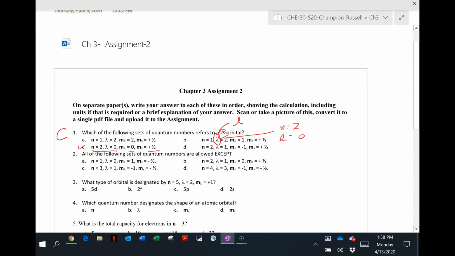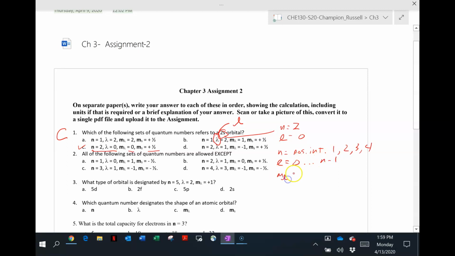Now looking at the second one here, we're looking for quantum numbers that are allowed, so we're looking for the one that is not allowed. So remember that n can be the positive integers, right? So 1, 2, 3, 4, etc. L can be 0 up to n minus 1.